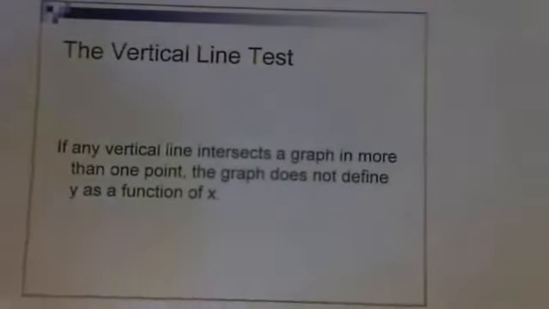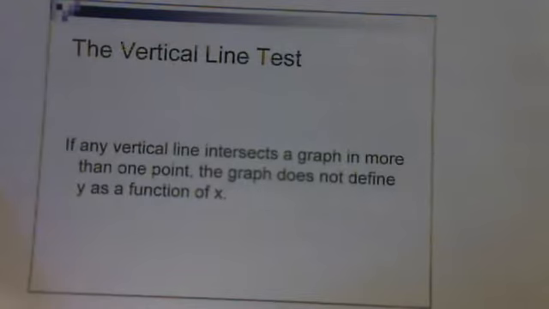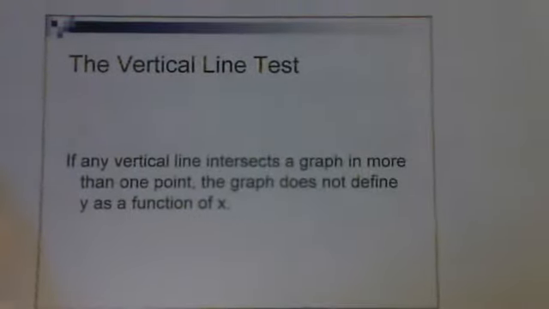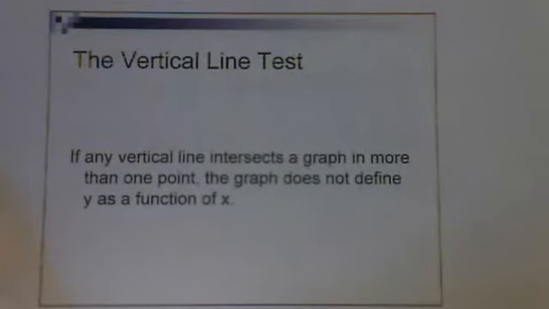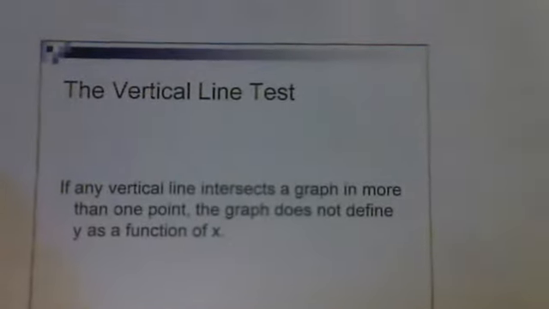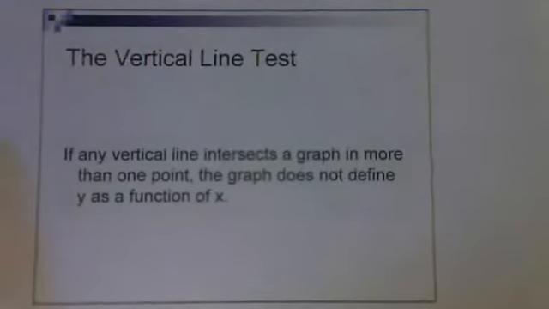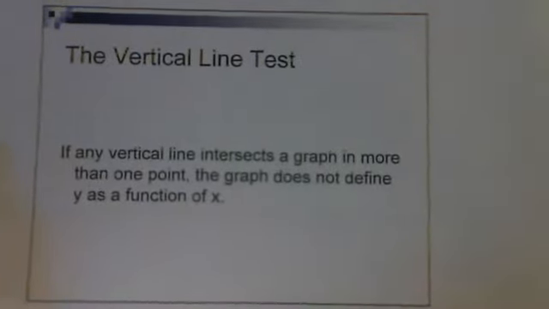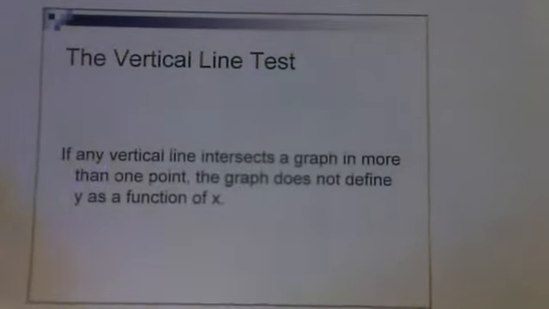Okay, next we'll talk about the vertical line test. We've already talked about how to determine whether a relation is a function through a set of ordered pairs and through equations. Now, if you were given just a graph, you can determine whether or not that graph is a function by doing the vertical line test. And here's the rule.